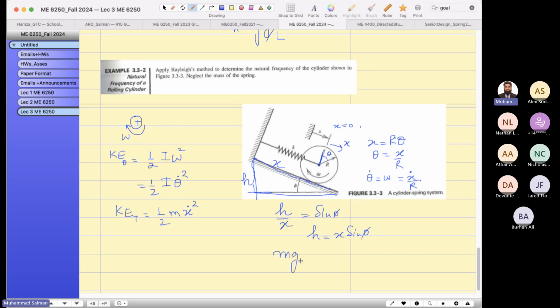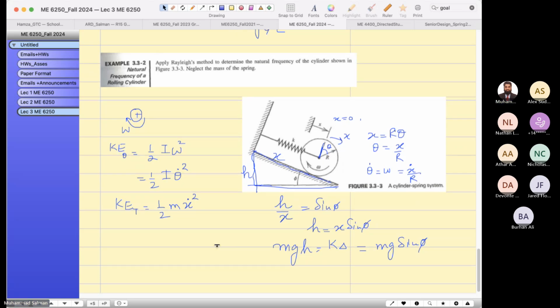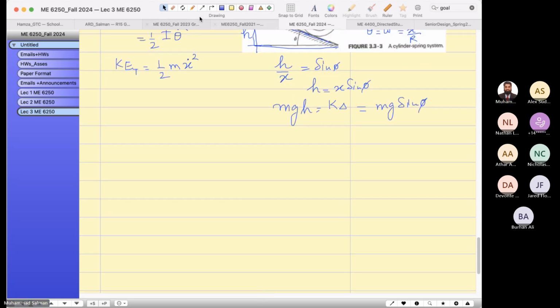So if I write down mgh, which is also equal to k times delta, can I write down mg sine phi? There is a little mistake.